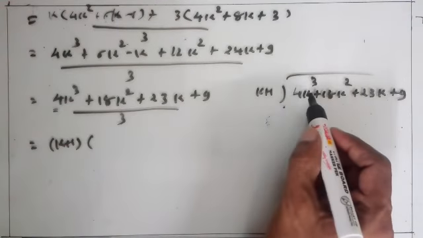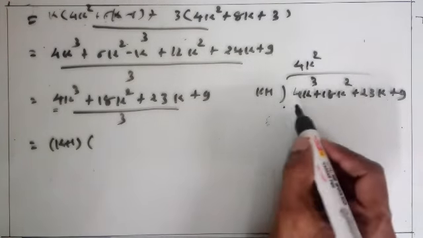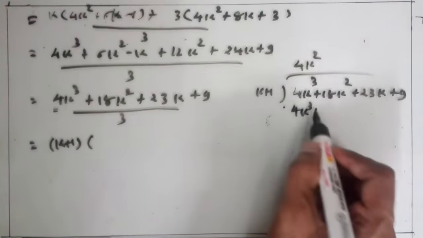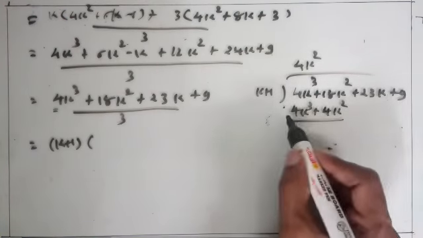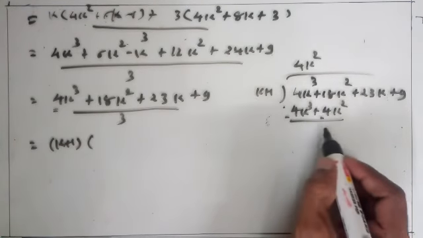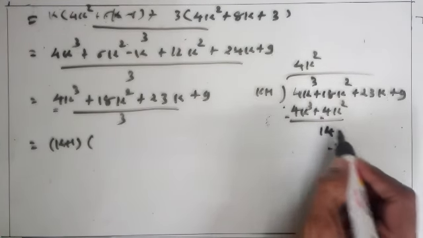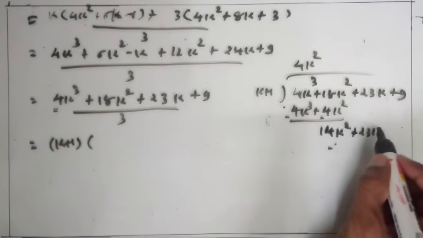Here 4k raised to 3 is given, so multiplying by 4k square to this term we get 4k raised to 3 plus 4k square. Clear? Subtract this, minus minus cancel, 18 minus 4 becomes 14k square, carry the 23k.